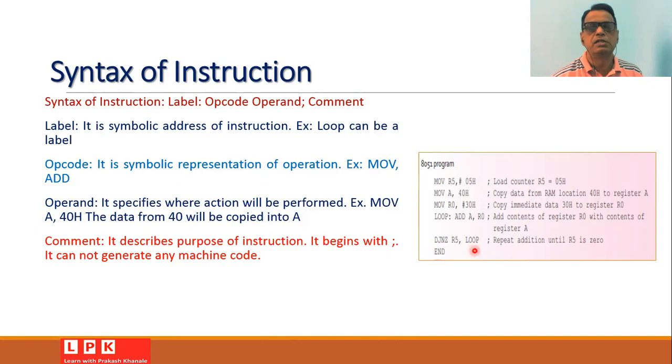Whenever this instruction is executed, the control is transferred back to that instruction. Such a label is useful whenever we want to jump from one instruction to another in an assembly language program.